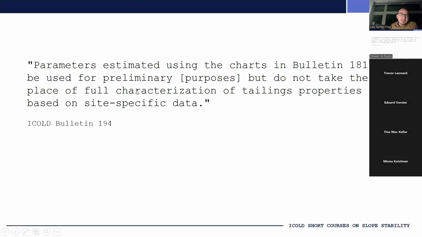In other words, these correlations give you a first estimate of what you can expect from the actual advanced laboratory testing, but they do not replace that advanced laboratory testing. I also think they allow you to do quality control on the data that you are getting from the laboratory. Because if you have a rough idea of what to expect, then it makes it more likely that you can detect an anomaly in the results if such an anomaly exists.